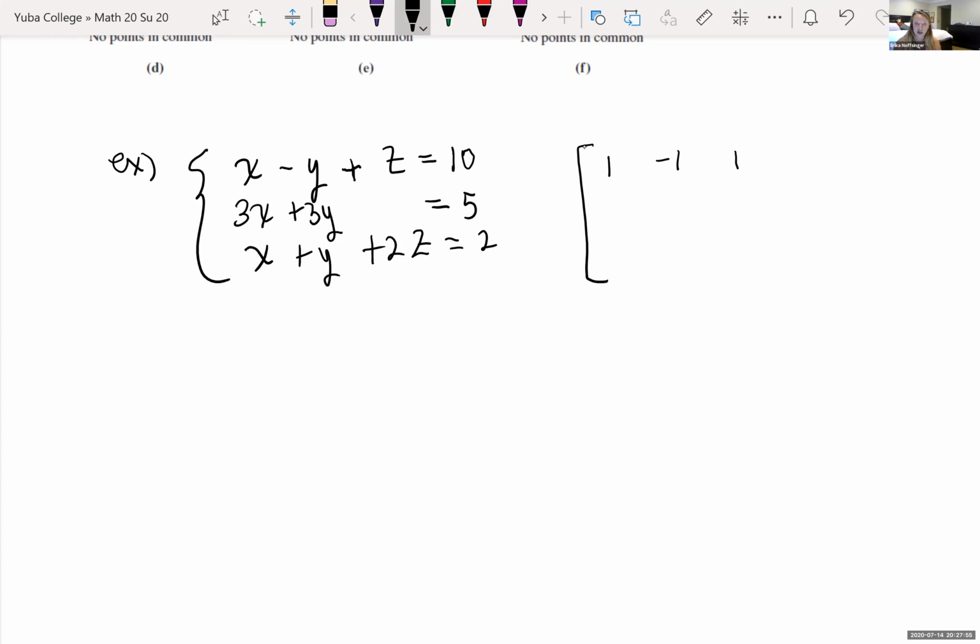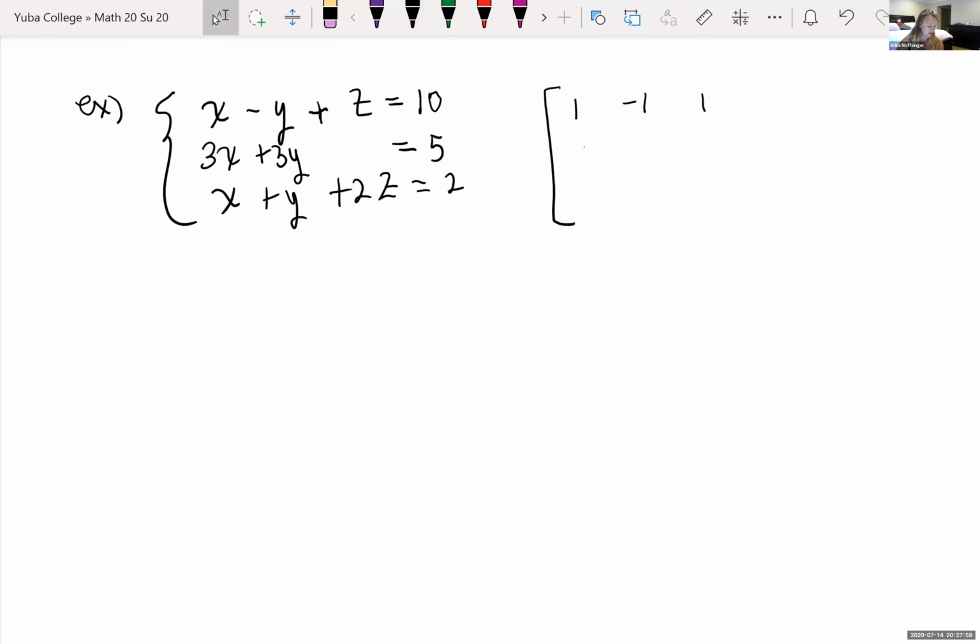To denote that there was an equal sign here, we're just going to put a dotted or a solid line. And then we have 10. That was just the coefficients and constant of my first equation. Now I'm going to my second equation, which is going to be my second row of the matrix.